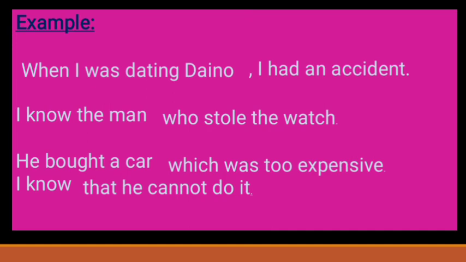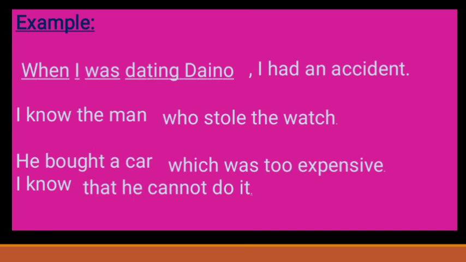When I was dating Dino, I had an accident. The clause when I was dating Dino is what we call a dependent clause because it has a subordinating conjunction, which is when. And this completes the sentence, I had an accident. When I was dating Dino, I had an accident.